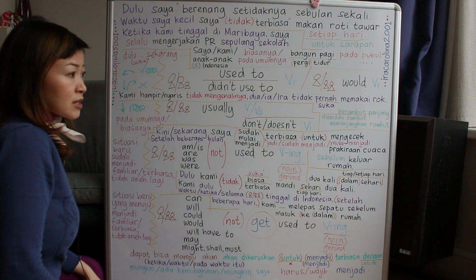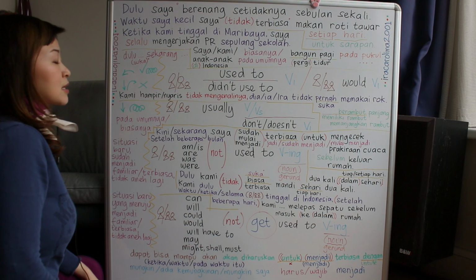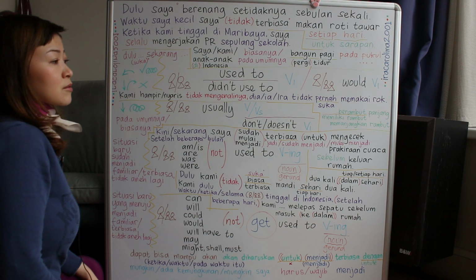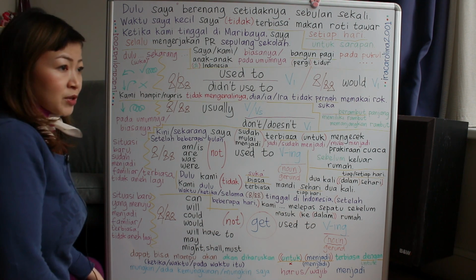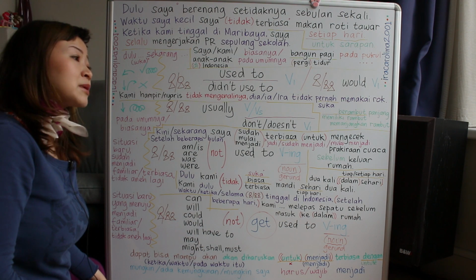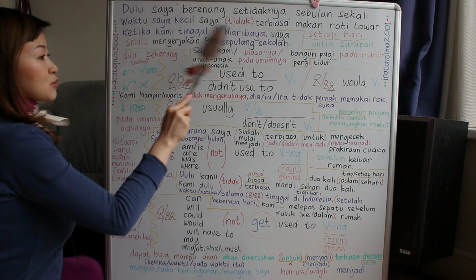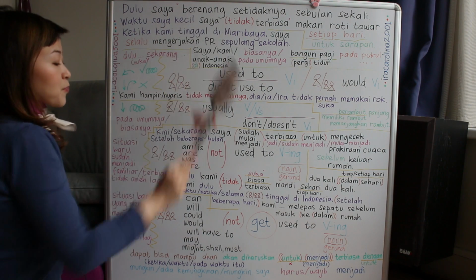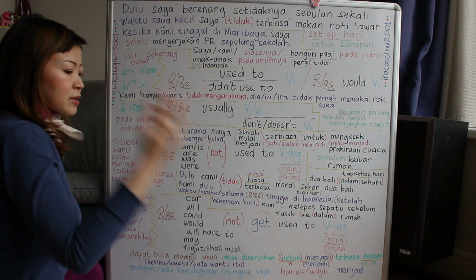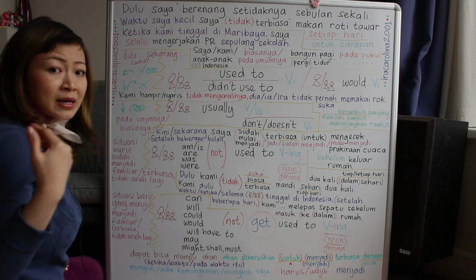As we already learned in the previous videos, in the Indonesian language we don't have a verb for something that happened in the past. We just use one verb for present time, for the future, or for the past.